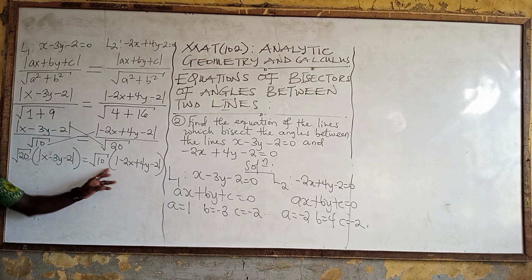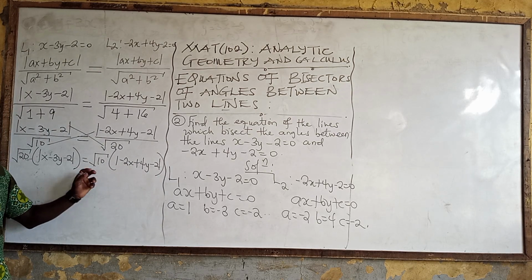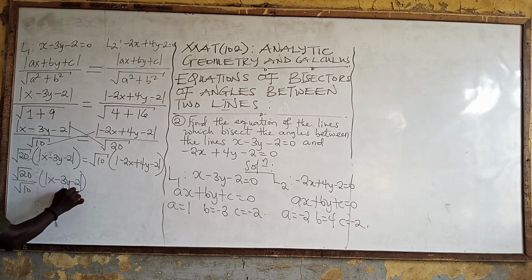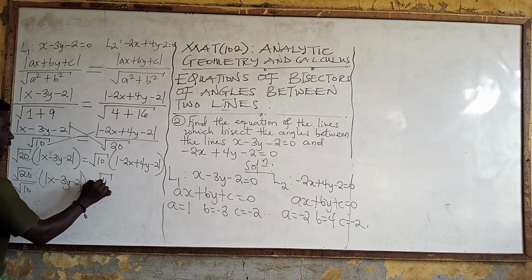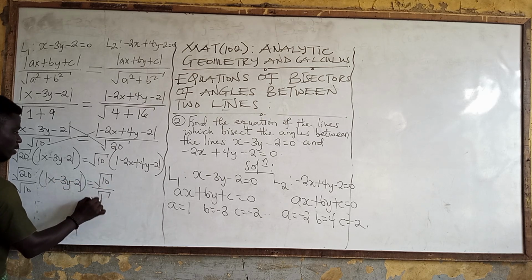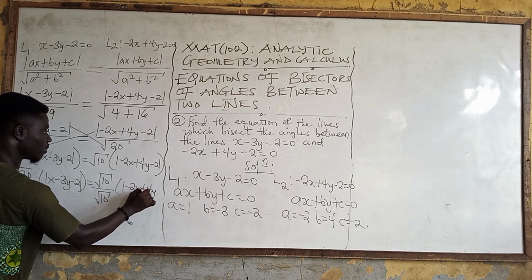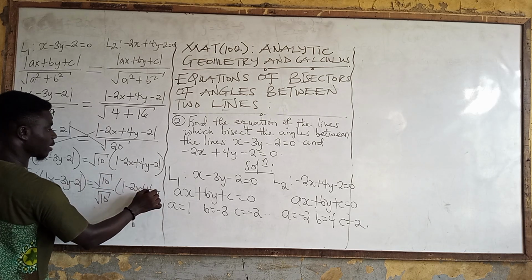So now we can divide by what? Square root of 10, so that we can take off this guy. So we divide, and x minus 3y minus 2 equals square root of 10 divided by square root of 10 times negative 2x plus 4y minus 2.